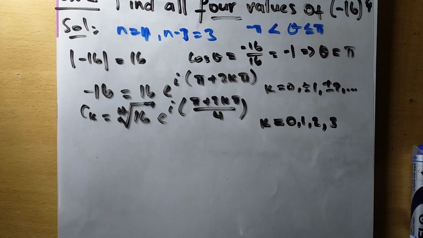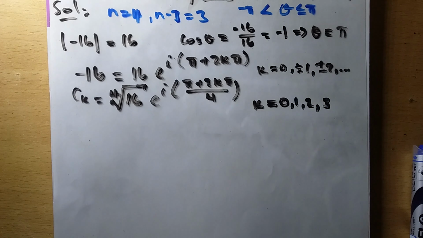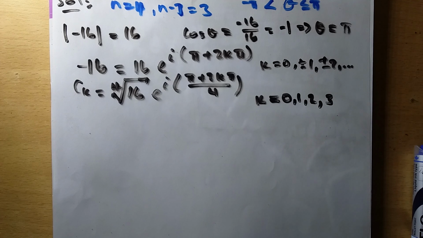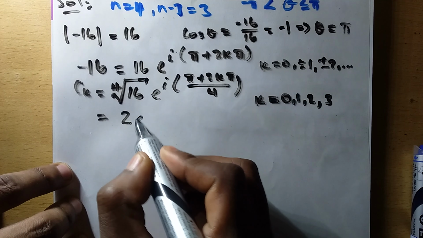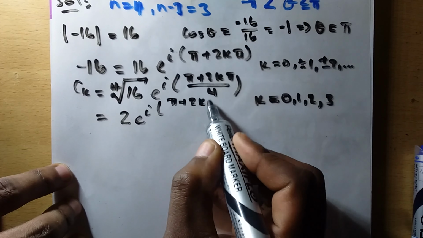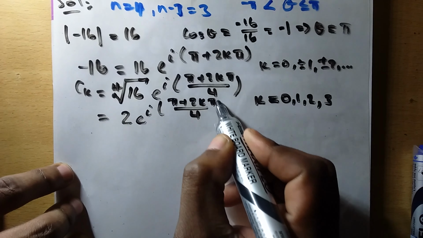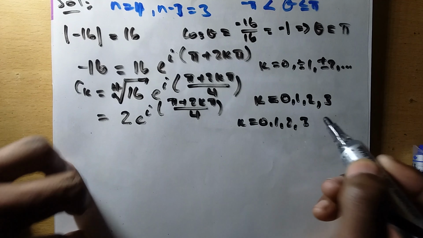So now we're going to find 1, 2, 3, 4 roots. As they said, we should find all four values of this. Now this can be later expanded to 2e to the i, pi plus 2k pi divided by 4, where our k is equal to 0, 1, 2, 3.